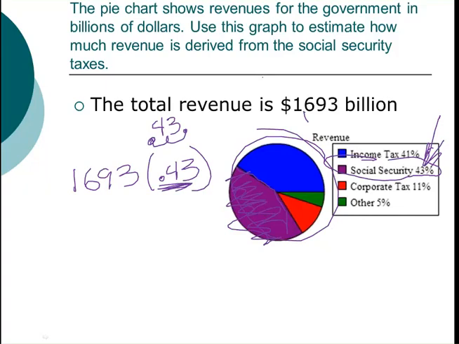If we're actually estimating, we get an estimate, but I like to use my calculator. 1,693 times 0.43 is going to give us 727.99, which is really close to 728 billion dollars from Social Security, and that's why we get so little out of our paychecks.